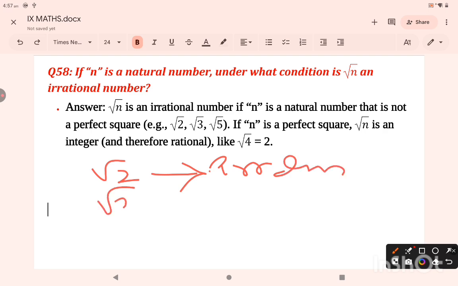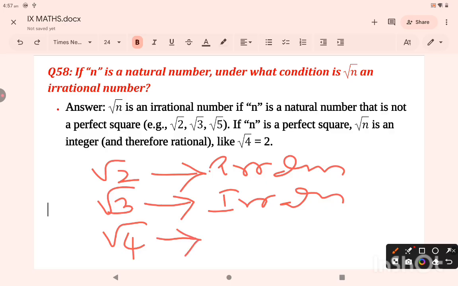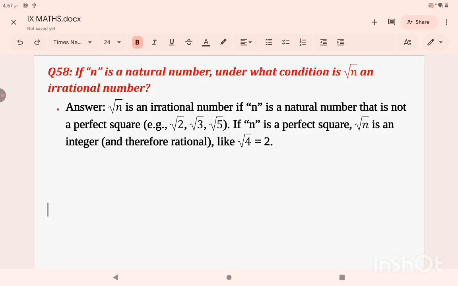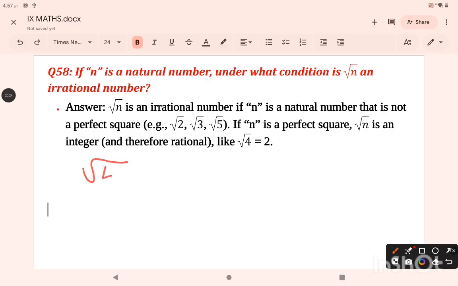Root 3 is irrational. Root 4 is rational. Root 5 is irrational.